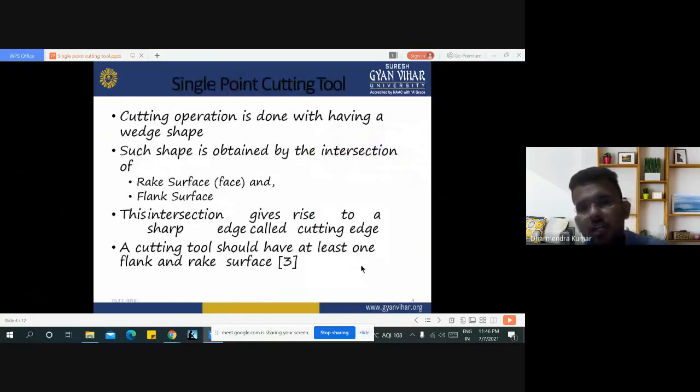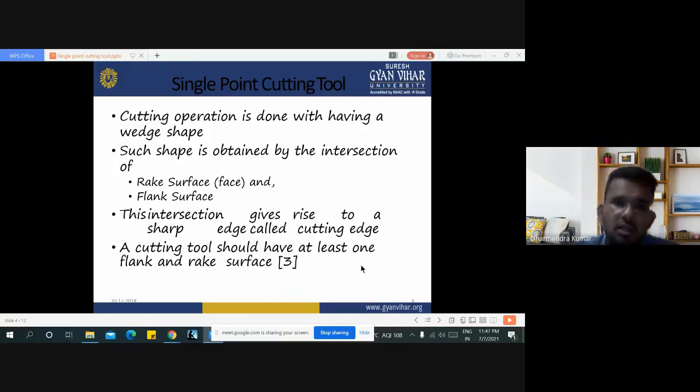Here are some definitions for the single point cutting tool. The cutting operation is done with a wedge shape, or one cutting angle. Such a shape is obtained by the intersection of the rake surface and the flank surface. This intersection gives rise to a sharp edge called the cutting edge.